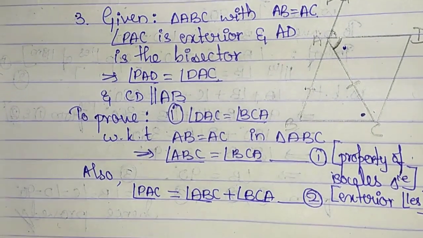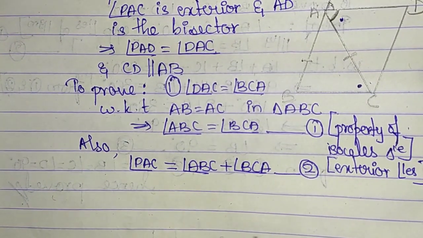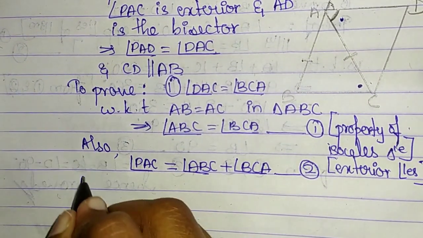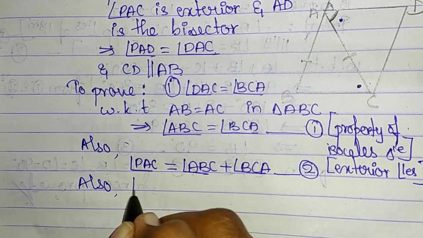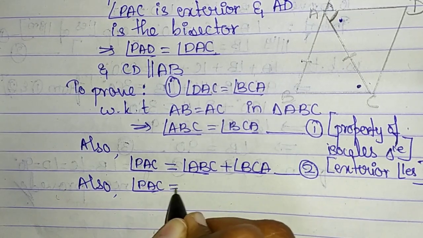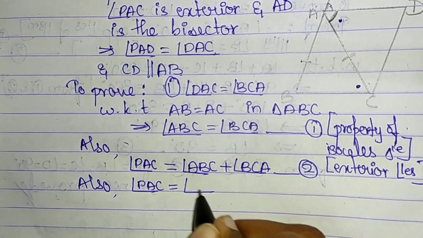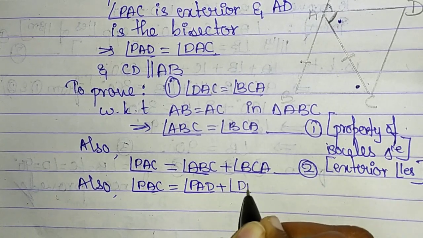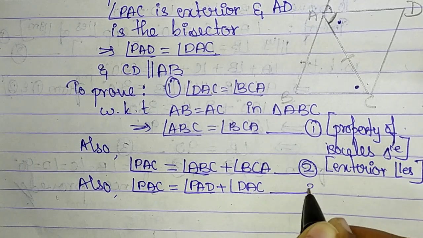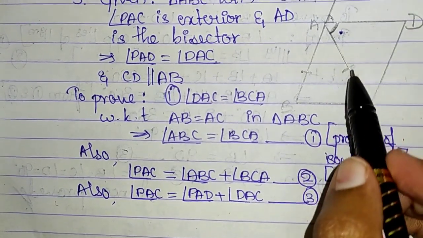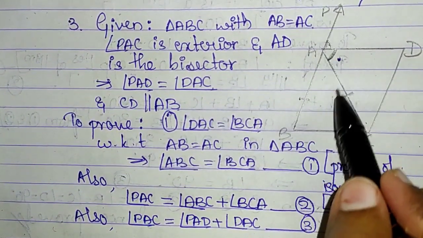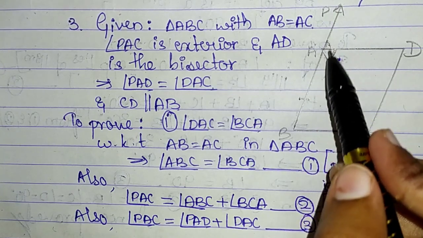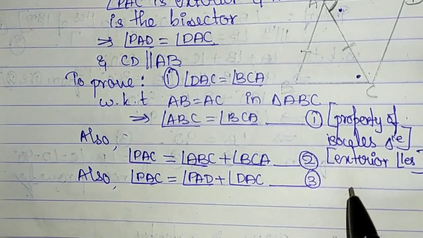So now we have two equations. We also know that angle PAC is equal to angle PAD plus angle DAC. This is equation 3. It has been given. AD has bisected the angle, so PAC is equal to PAD plus DAC.